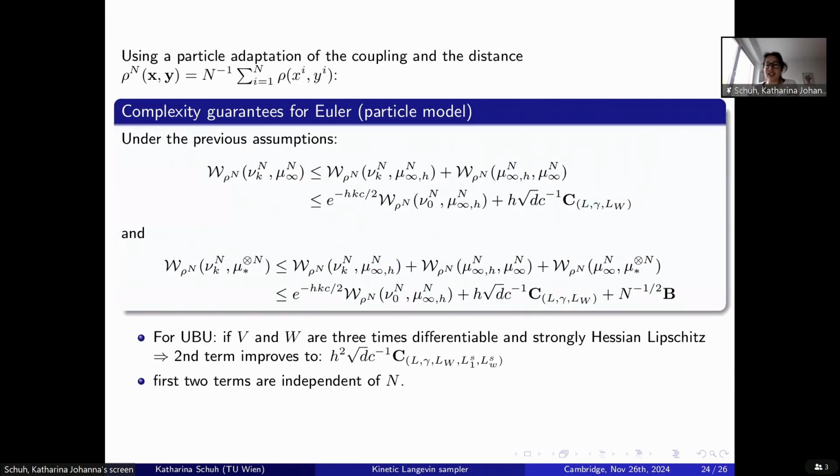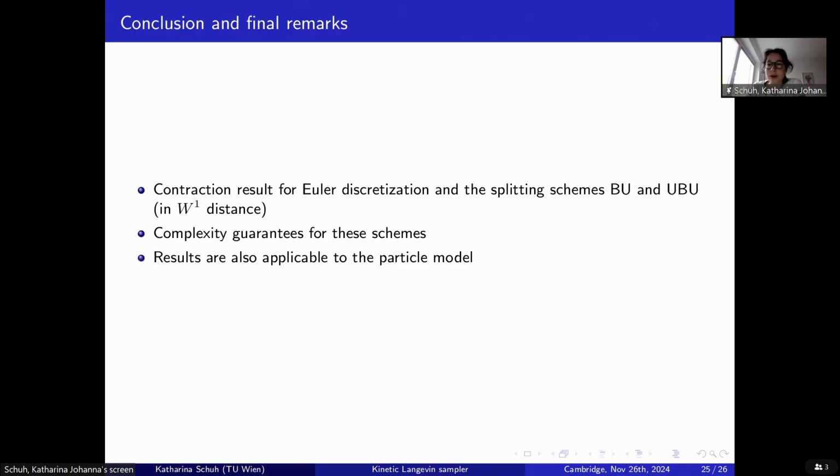Yeah, and so with this, I want to already come to an end. So we have now seen three kinetic Langevin samplers, and we have seen theoretical guarantees on the long-time behavior. So we have seen contraction results for all three of them in Wasserstein 1 distance.